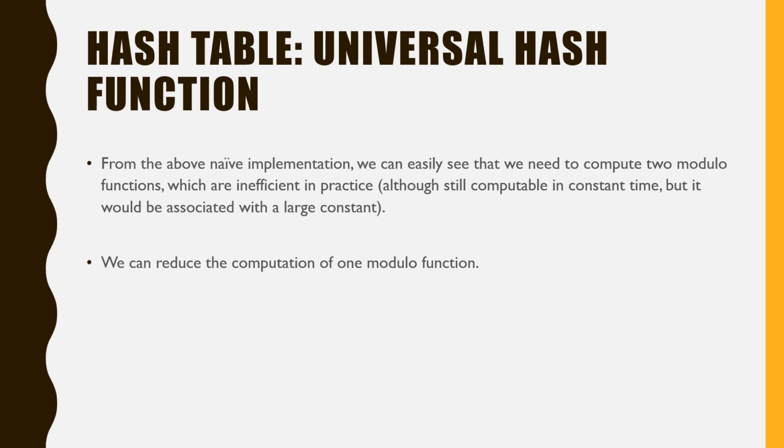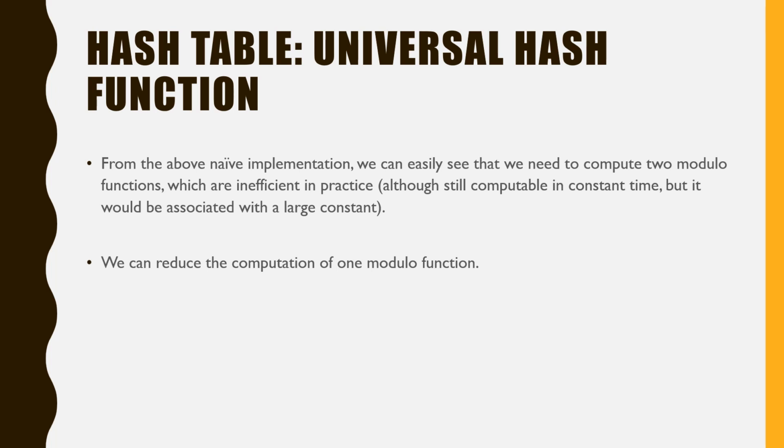That is, we need to compute two modular operations. Computing a modular operation is expensive, so computing two for each hash value could significantly slow down all associated operations. To be precise, it won't affect the time complexity, but it will correspond to a larger constant and lead to a slower wall clock time.